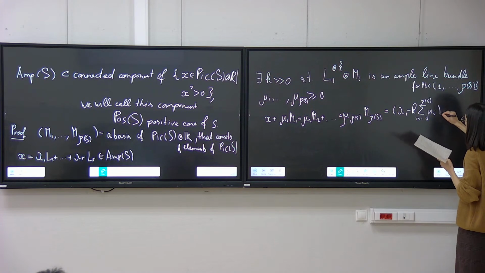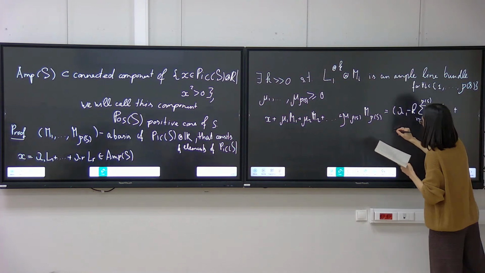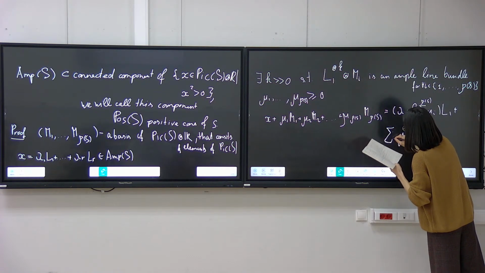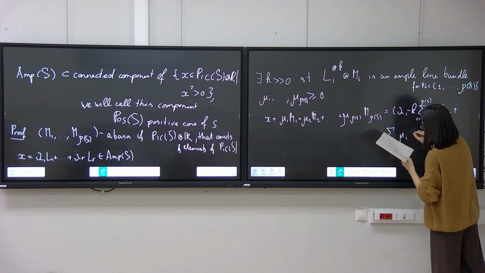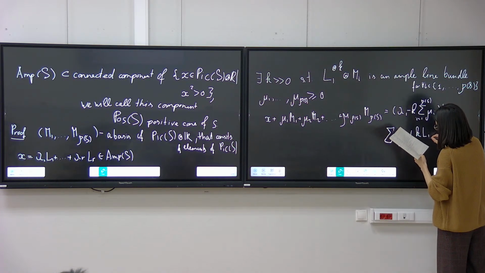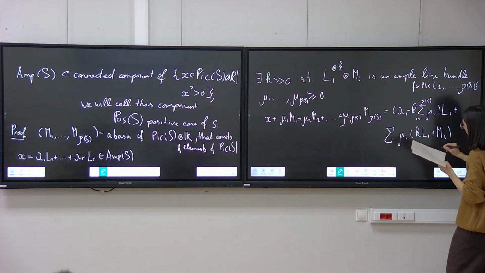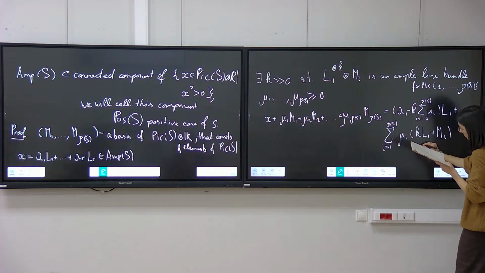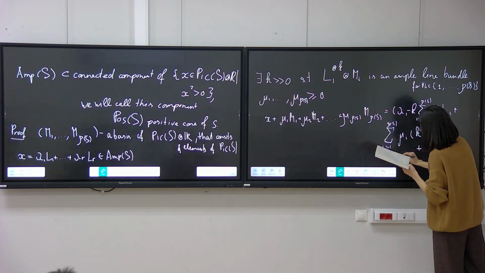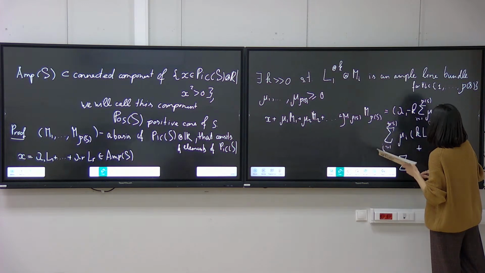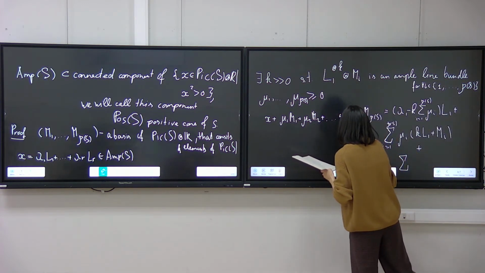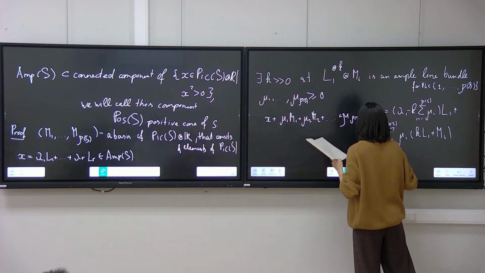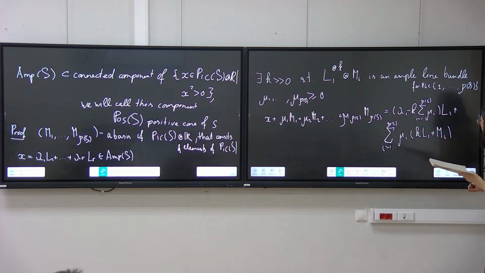S, L1 plus mu I, 1 plus mu I. Here I is 2s. Right?